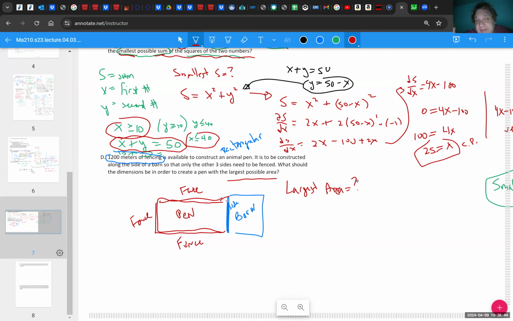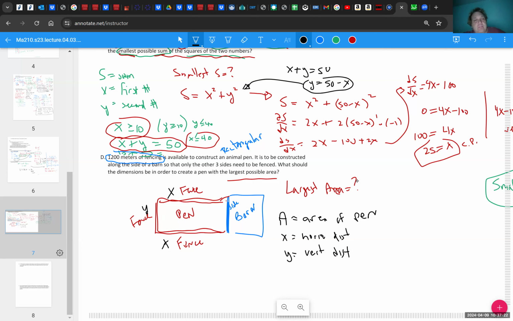Okay, so we need some variables. So certainly we need a variable for area. So let's say A equals the area of the pen. We're not interested in the area of the barn. We're interested in the area of the animal pen. We need some dimensions here. So let's call the horizontal dimension X and the vertical dimension Y. And because of symmetry, this also has to be Y. So X is equal to the horizontal distance and Y is equal to the vertical distance.